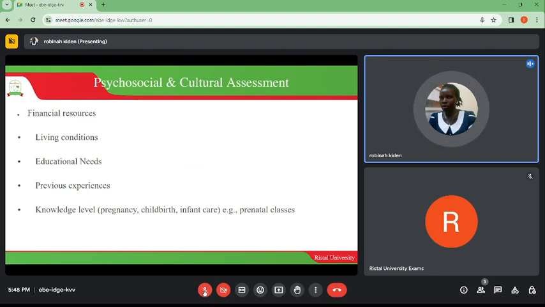Living conditions. Is she living in good condition, or is she living in a poor one? How far did she reach as far as studies are concerned? Did she study that much to the extent that she can provide and cater for herself, or is her education level low?